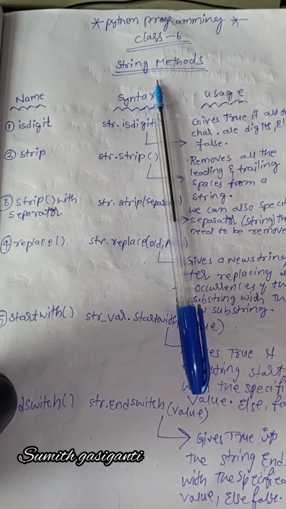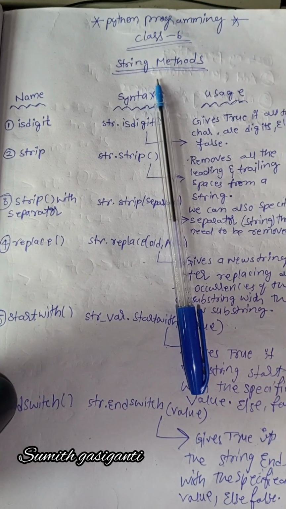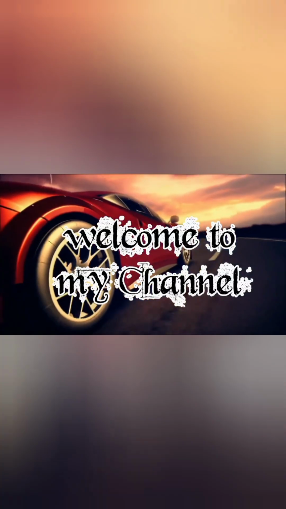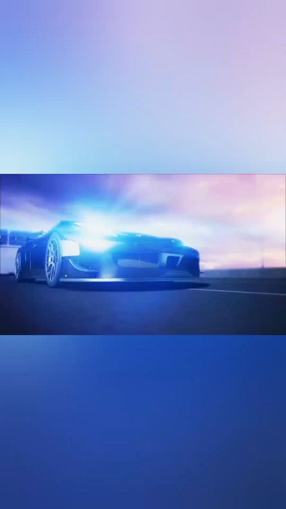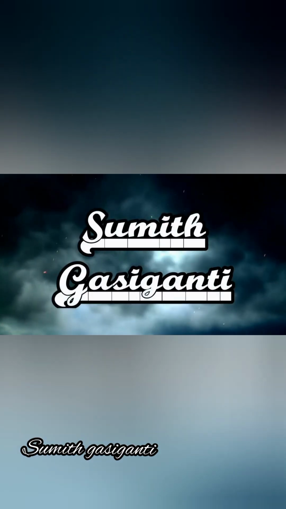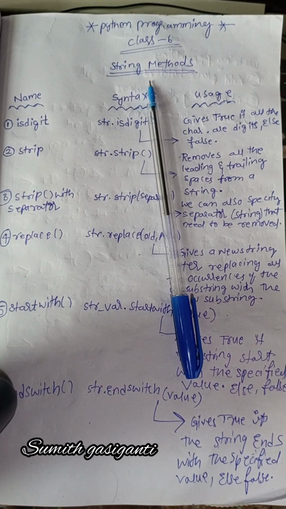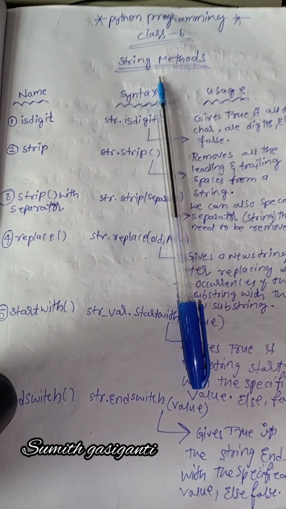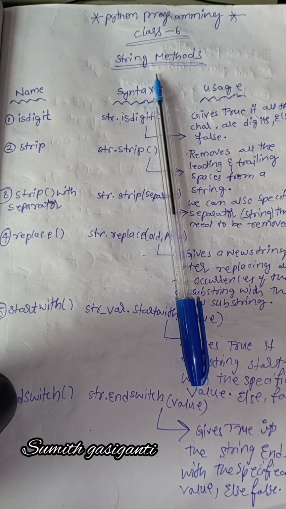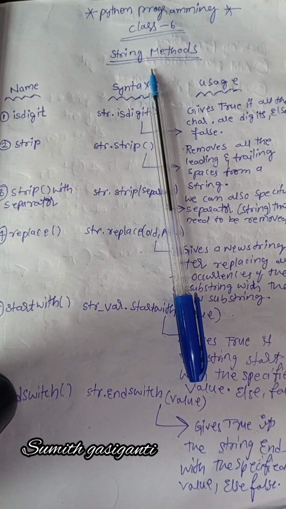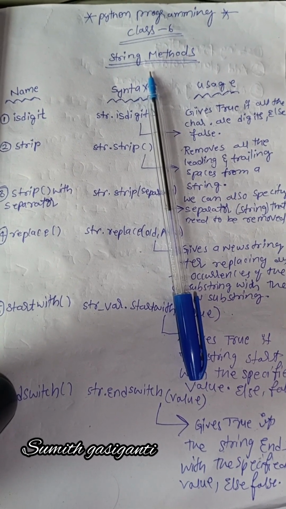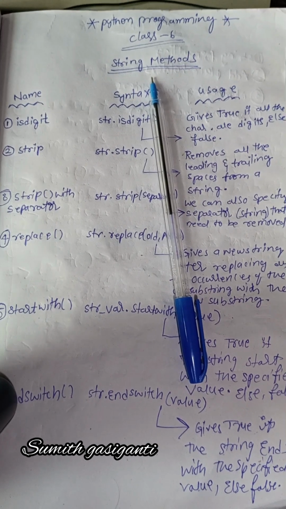Today I am explaining class 6, string methods in Python programming. In previous sections we have also discussed some calculations in Python, working with strings, conditional statements and data types in Python.